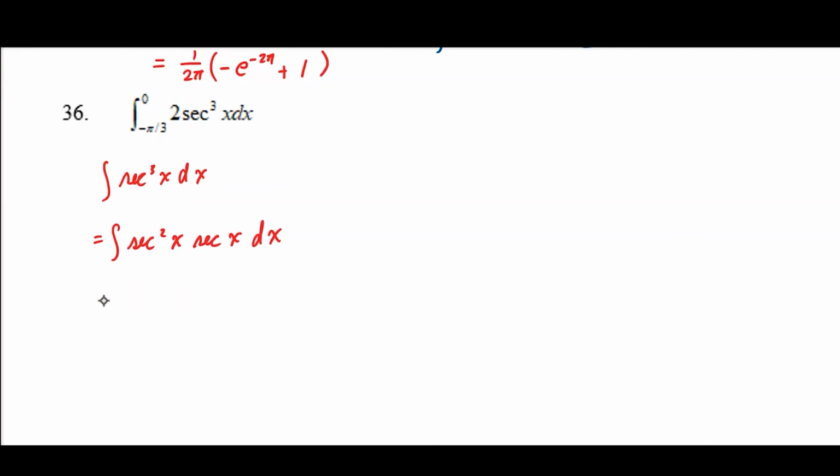Remember this trick when you have an odd number of trig functions, right? And then secant squared is tangent squared plus 1, or 1 plus tangent squared, which way do you want to see it? Tangent squared plus 1, or is it 1 plus tangent squared? 1 plus tangent squared.